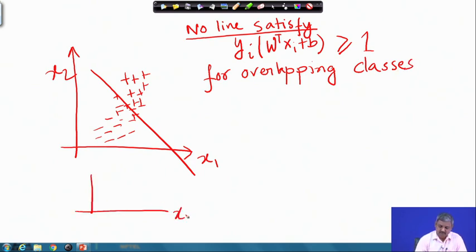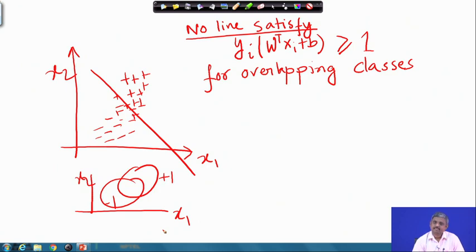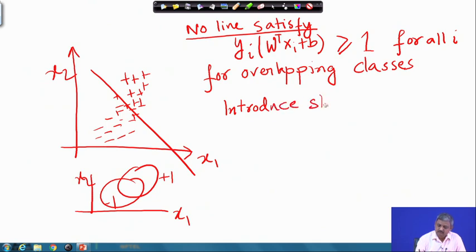We cannot draw a line. So, what to do? I introduce some slack variable and relax the constraints.